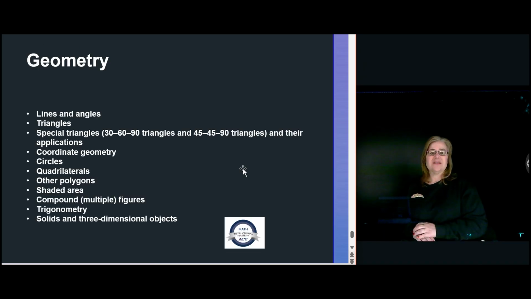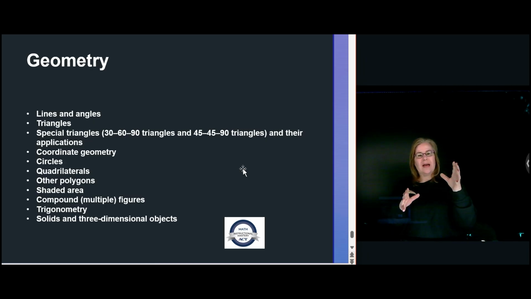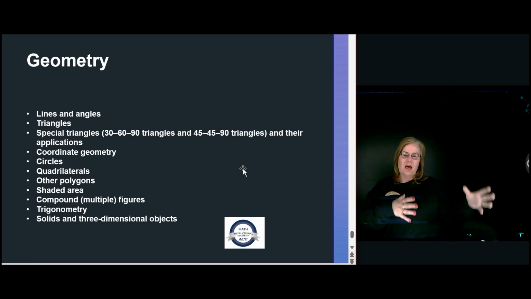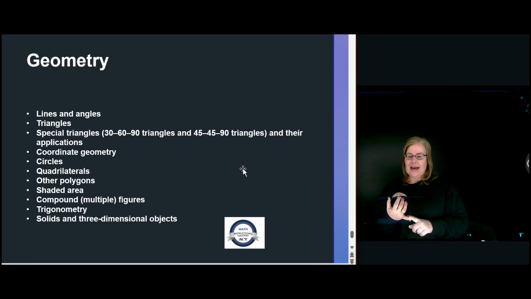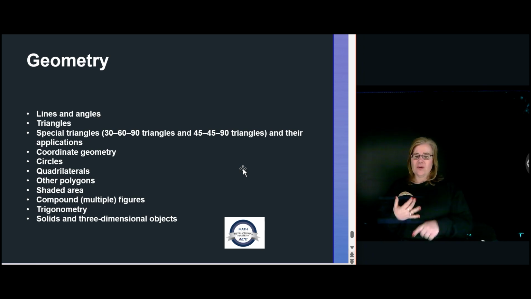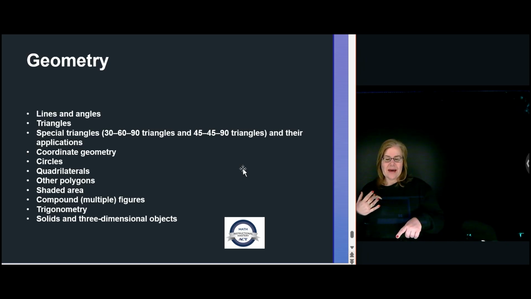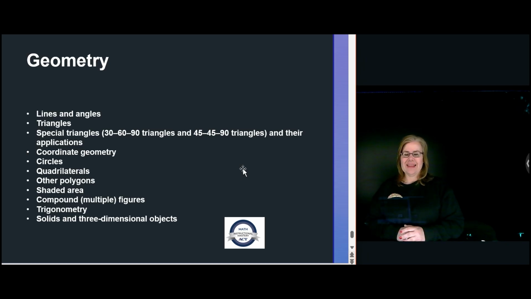Next is geometry. There's a lot of geometry that used to be on the ACT, and since we've got this new ACT, they're trying to get as much of one as the other. So you can look at lines and angles. You've got triangles, your specialty triangles, 30-60-90 and 45-45-90, and their applications. You've got your coordinate geometry, circles, quadrilaterals, and all the polygons that you can think of.